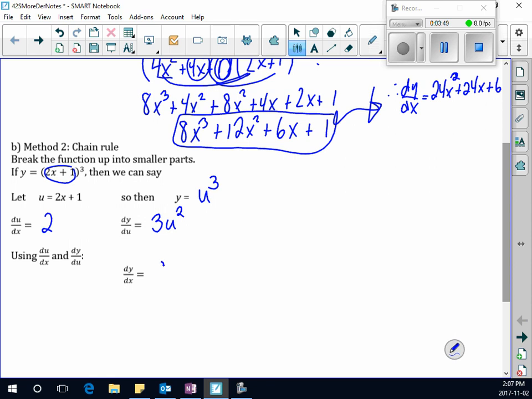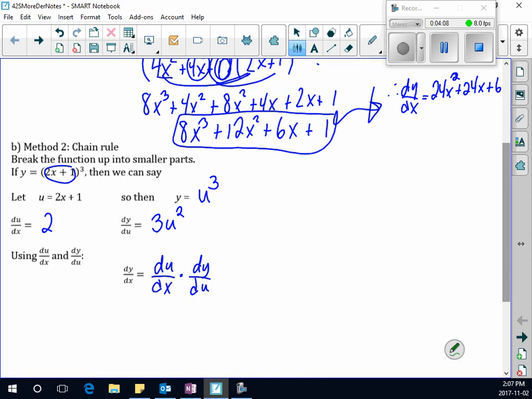Do you see? So if I put du/dx, this is a u by the way, not a dy. I'm going to write it again, sorry. du/dx times dy/du. Do you see? I'm just taking those two and multiplying them together.